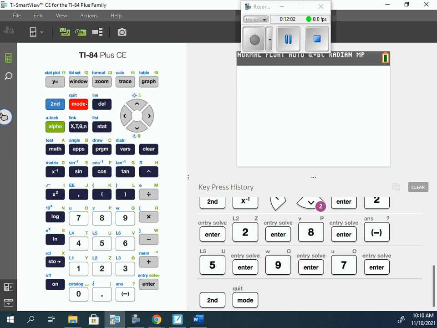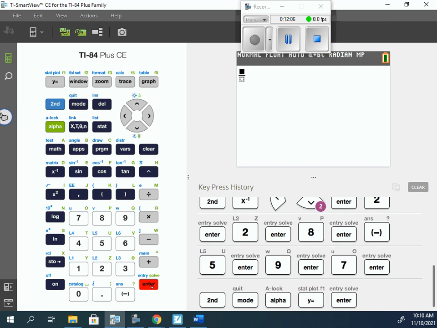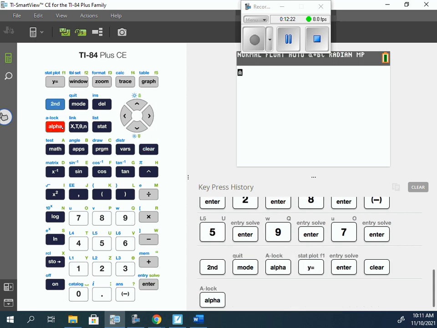If we let the calculator do it, we're going to go alpha y equals enter. Actually, hit clear. Let's do it this way. I learned this way actually just this last Saturday. Go alpha and then hit the X, the button we normally get X with.